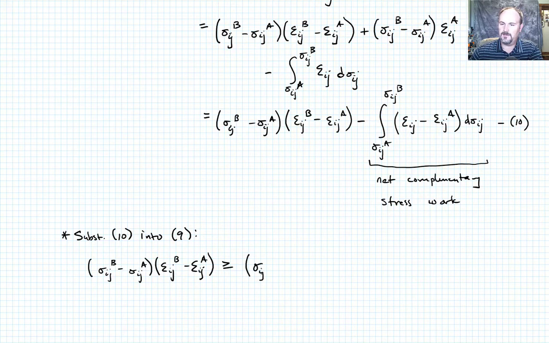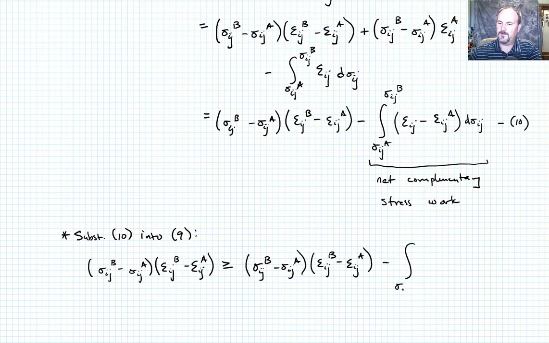This is sigma ij b minus sigma ij a times epsilon ij b minus epsilon ij a minus the integral from sigma ij a to sigma ij b of epsilon ij minus epsilon ij a, that quantity times d sigma ij.